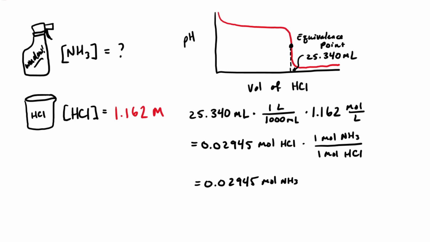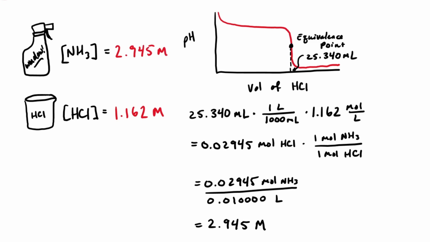And so by knowing that, we can find the concentration is 0.02945 moles divided by 0.01 liters gives us a concentration of 2.945 molar of ammonia in the glass cleaner.